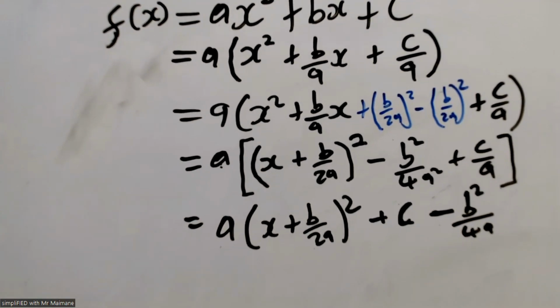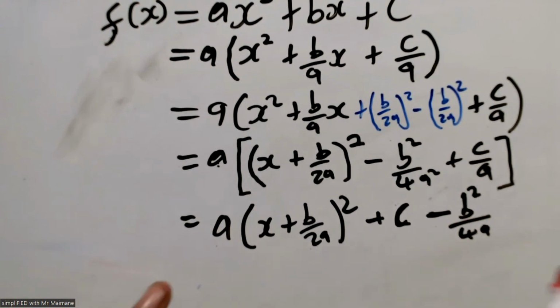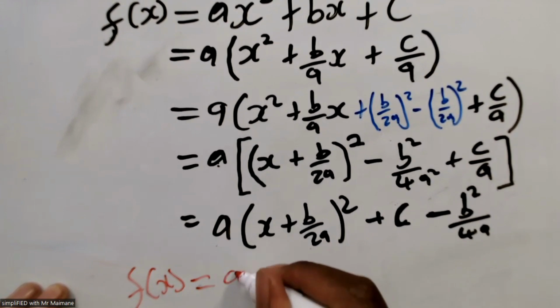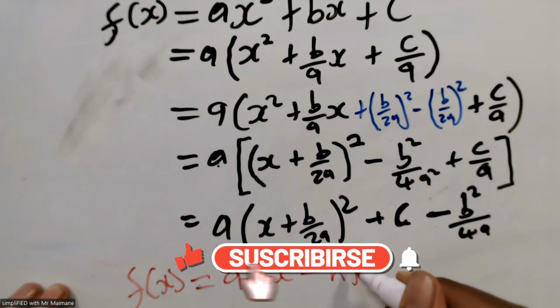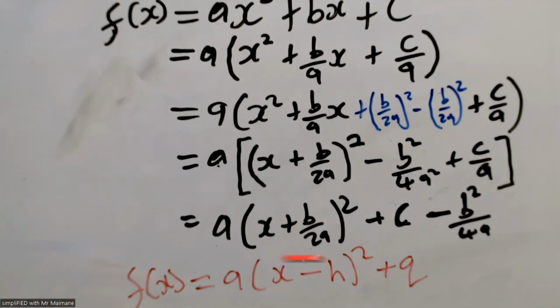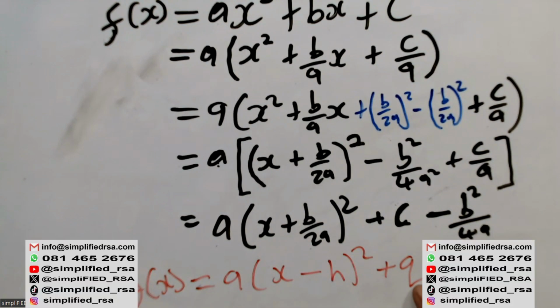Yes, that's it. So from this, we can see that now this is in the form of f of x equals a times x minus h squared plus q. The difference here is just that h is b over 2a, and then q is c minus b squared over 4a.